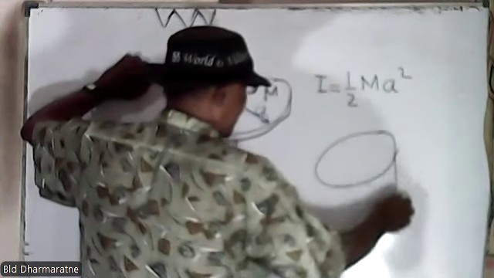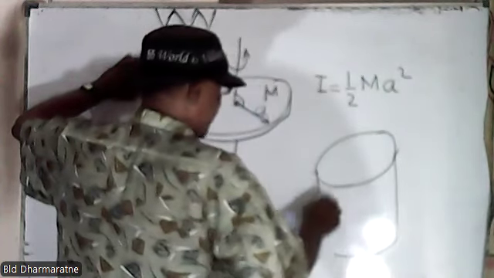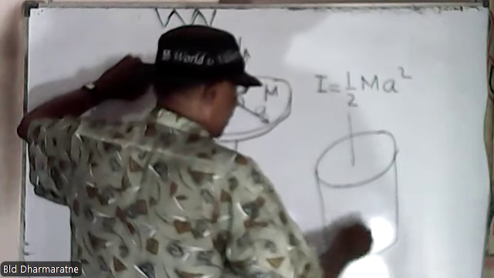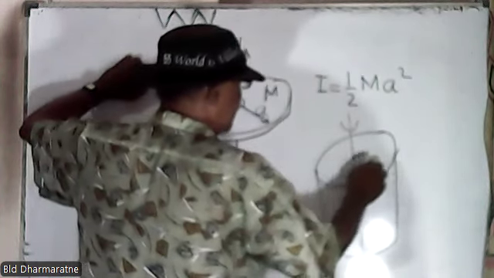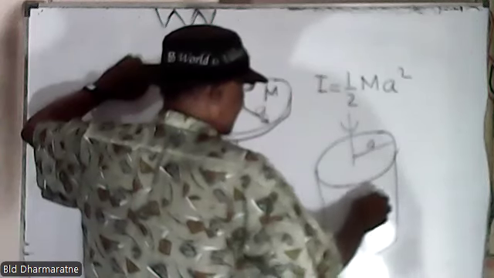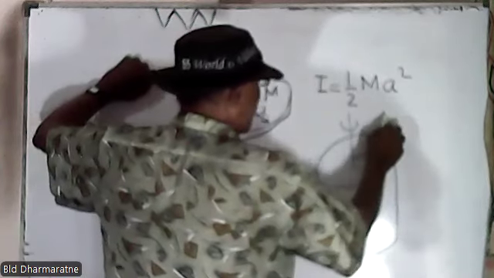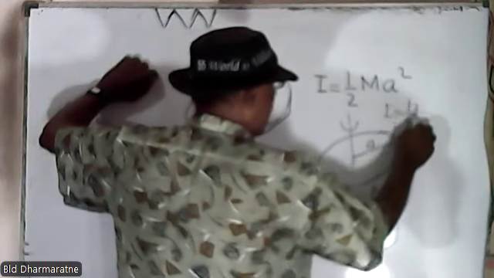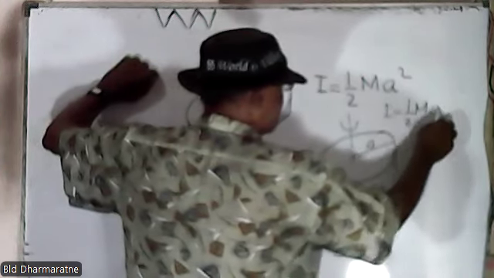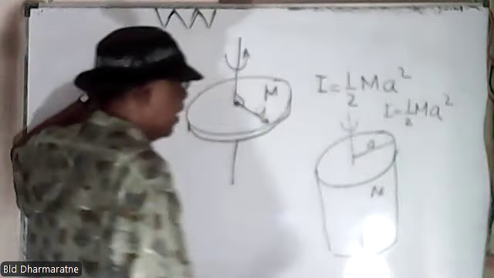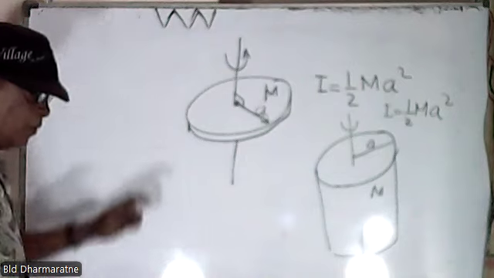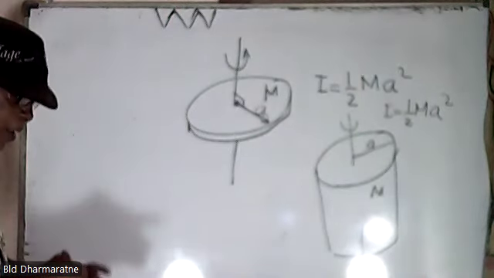For this cylinder with radius A and mass M, the moment of inertia is also half M A squared. Only the mass changes.